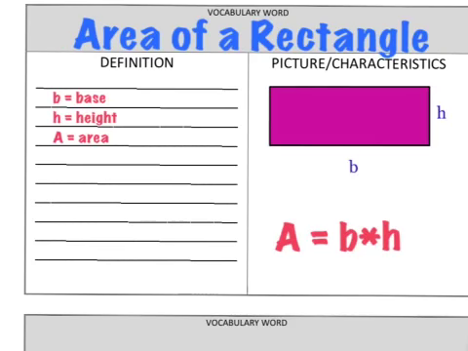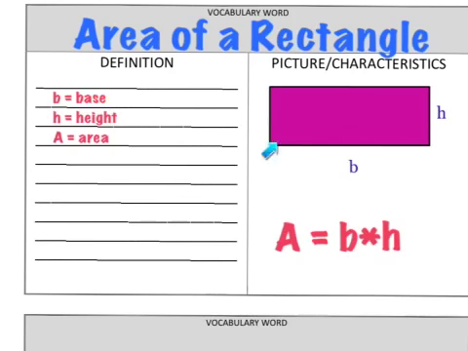Okay, moving on to rectangle. So a rectangle, you might be used to calling the sides of a rectangle length and width. But it really doesn't matter. Base and height, it's the same thing. Just base and height, we use that for parallelograms and other shapes.